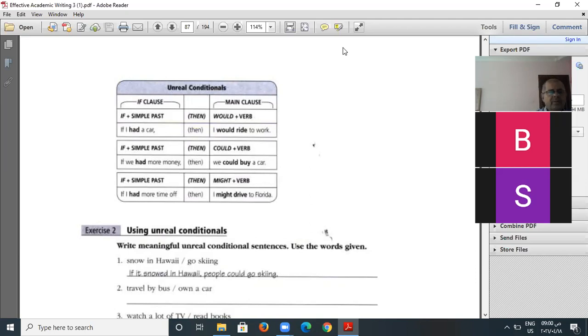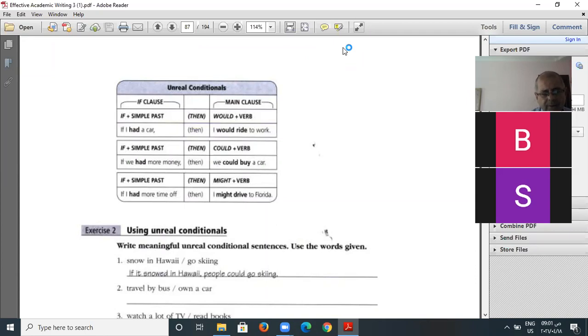Now برضو إذا if we start the sentence with if clause simple past المين كلوز بيكون فيه could. إذا بنستخدم could هي بنقول مثلا if we had more money، then could plus the verb. So we say we could buy a car. طبعا هاي could الباست من can بالريال conditions.